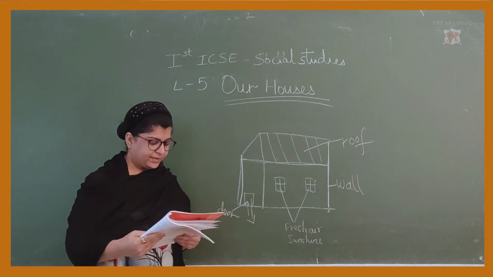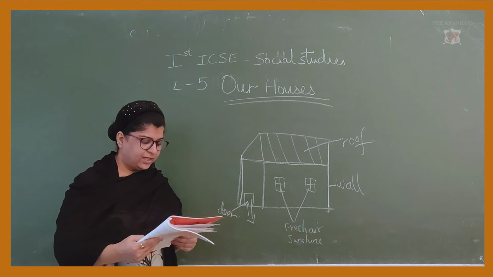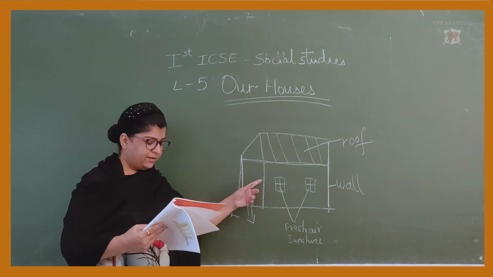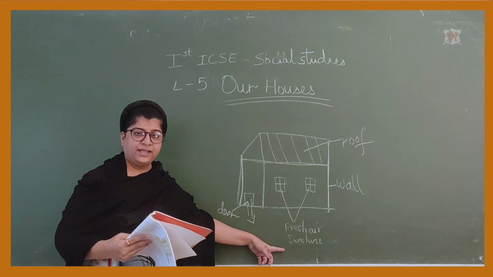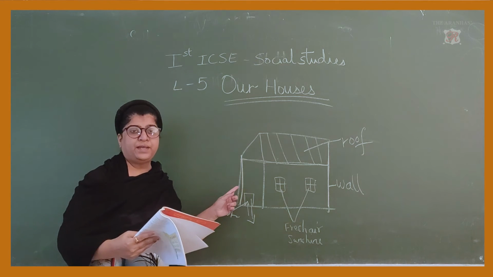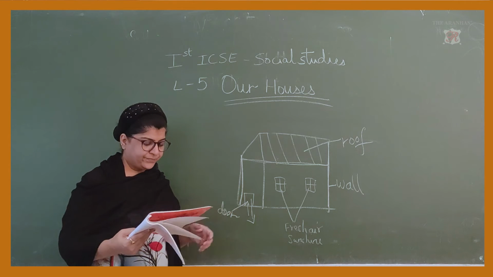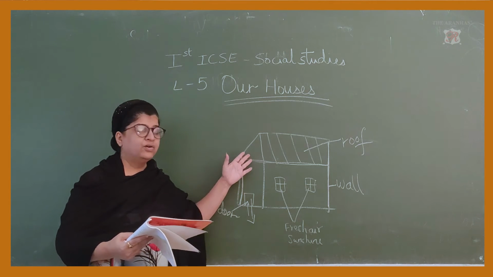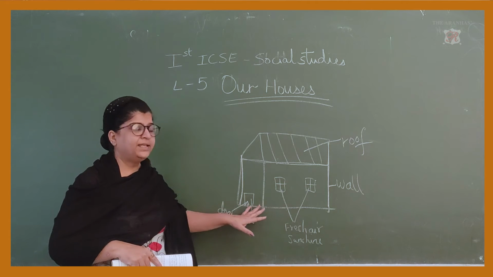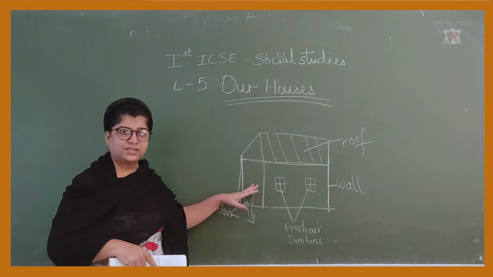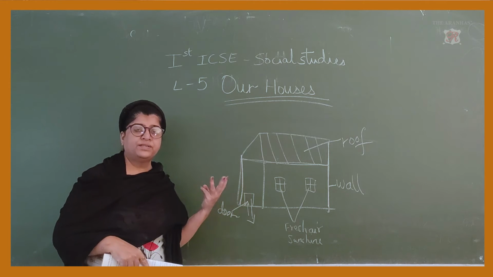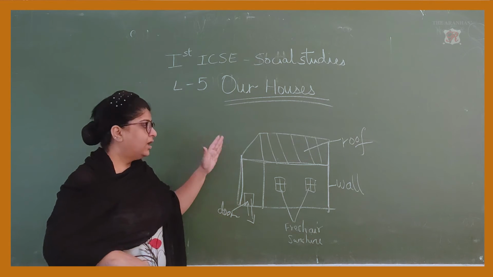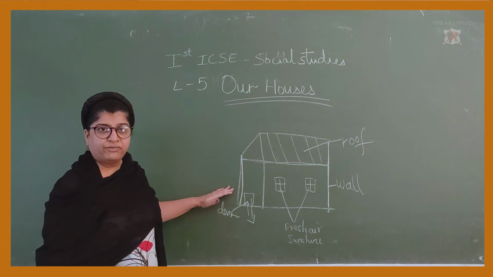So let's see. We enter and leave the house through doors. Windows are there to let fresh air and sunshine in so that the house should be airy and dry. Houses have rooms. This is only the layout, only the structure, but inside the house it may have 2 rooms, 3 rooms, or many rooms according to the size of the house.